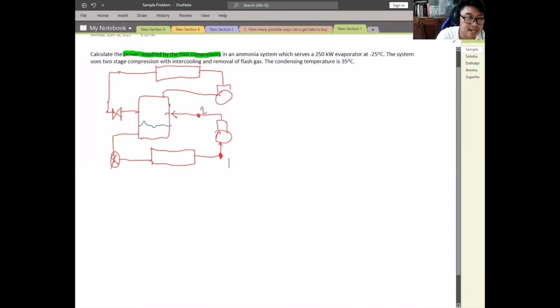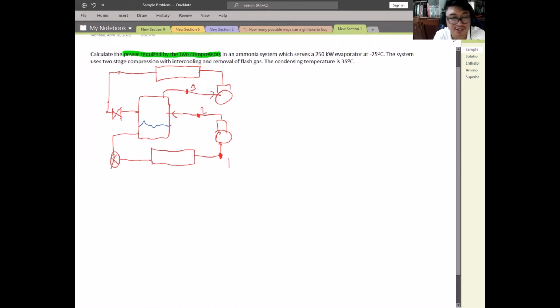In the actual drawing it is dipped in water, but to keep it cleaner, I don't include the dipping in water. Number 3 is after our flash tank or the intercooler, going to compressor number 2.